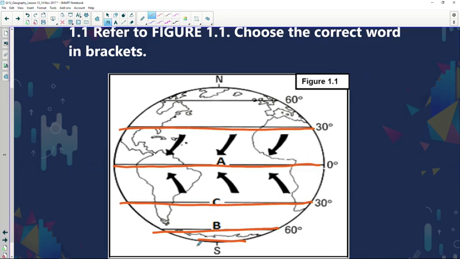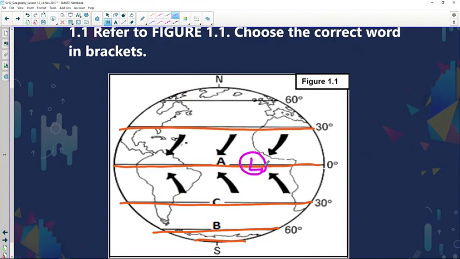Before we look at the questions, just quickly look at the pressure that's being experienced over there. What type of pressure do we experience at the equatorial regions? The low pressure. Why? Because of extremely warm conditions. The air rises, diverges in the upper atmosphere, the air sinks, and we have our high pressure belt situated over there.